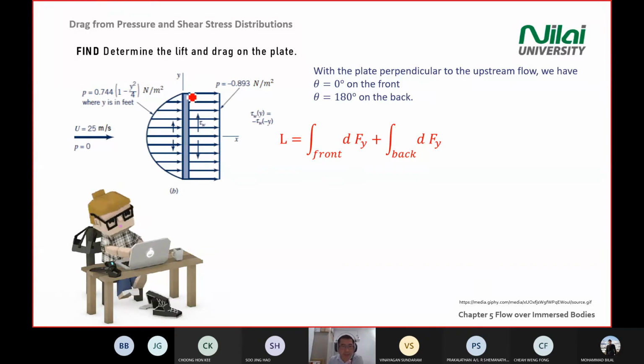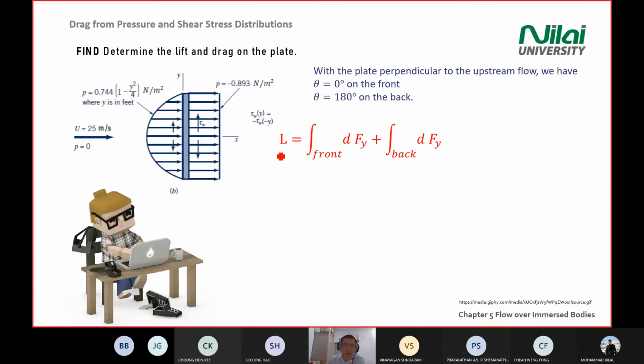Of course, there is some force on the top here, but it is very, very small compared to the force on the front and back. So we integrate the force in front and integrate the force at the back.